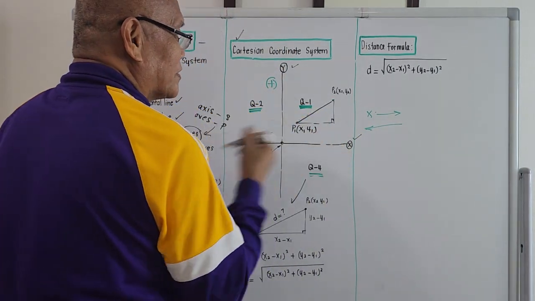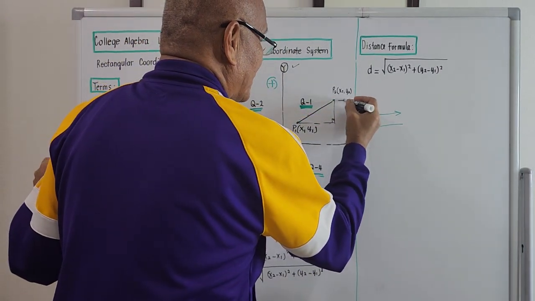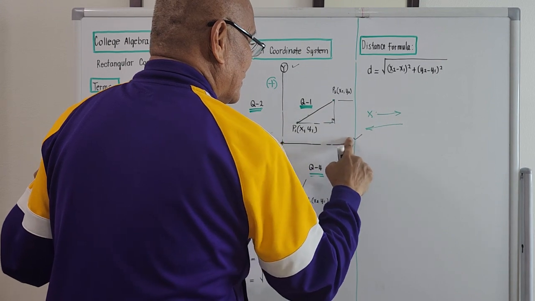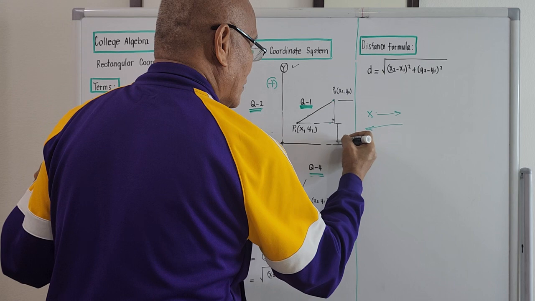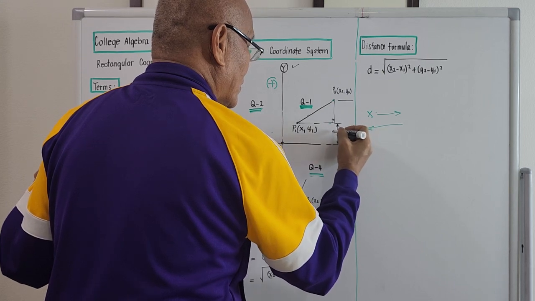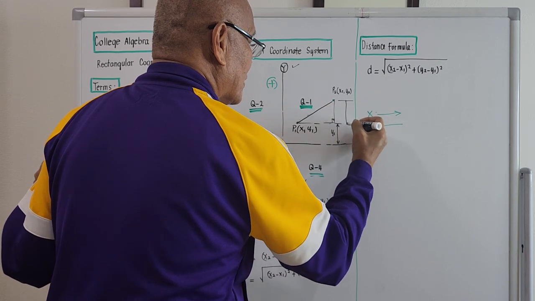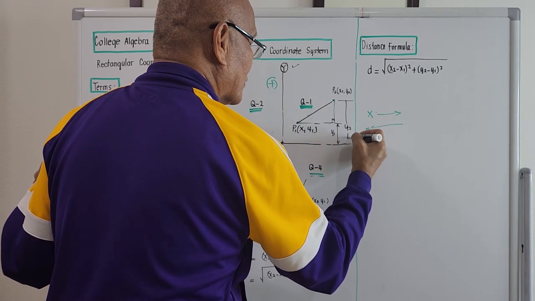It's easy to visualize, right? This is y sub 1. This is y sub 2.